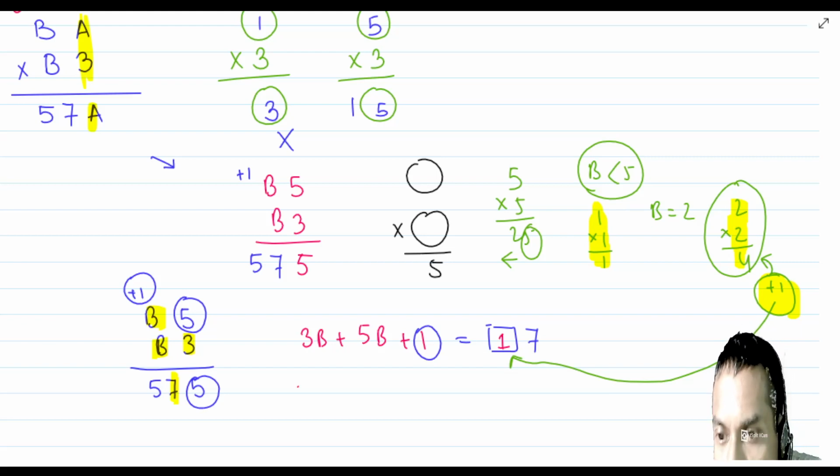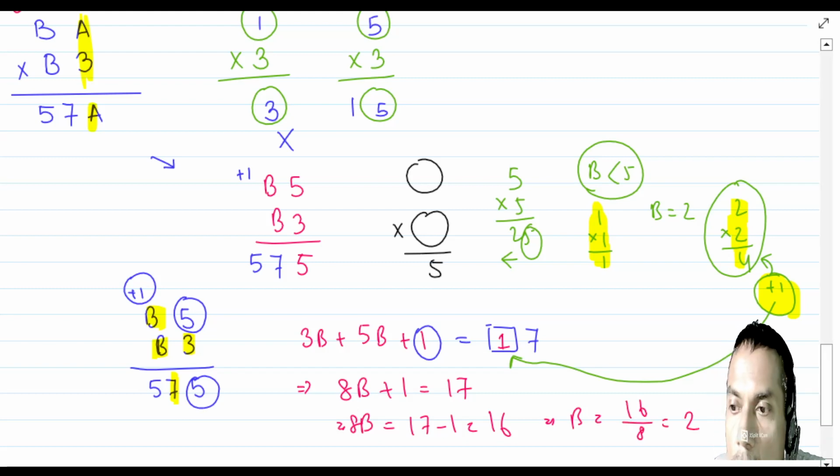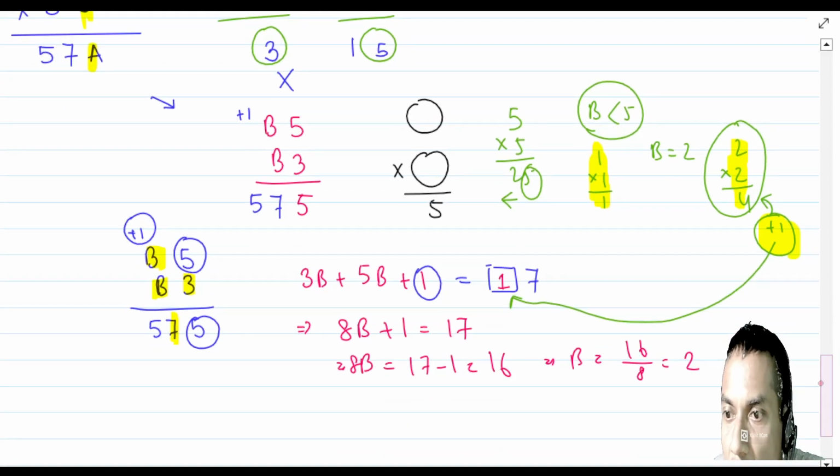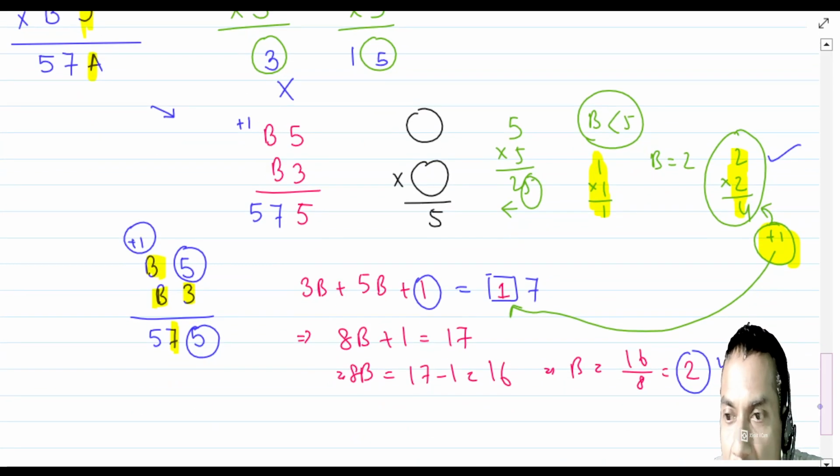Now what will be B? So it will be 8B plus 1 is equal to 17. So 8B is equal to 17 minus 1, which is 16. So B is equal to 16 by 8, which is 2. Our assumption of considering the value of B is actually correct, because the middle term also satisfies.